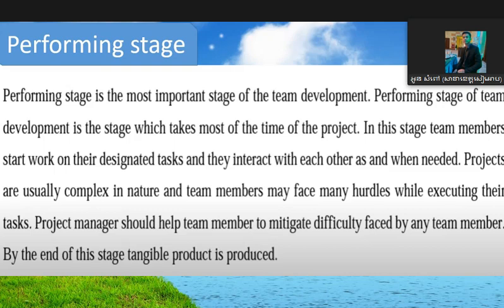By the end of this stage, a tangible product is produced. Like you see, this is a very important stage of team development. Team members and project managers must be well prepared for the performing stage and perform their tasks.